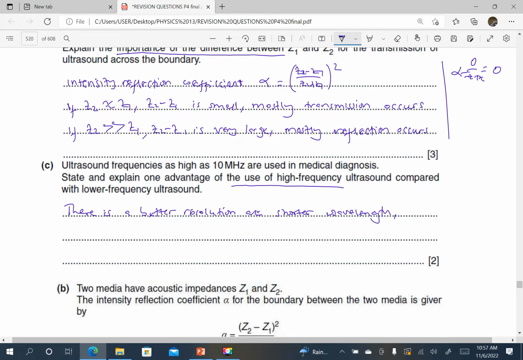And if there's a better resolution, it means smaller structures can be distinguished at high frequencies. So smaller structures can be distinguished at high frequency.